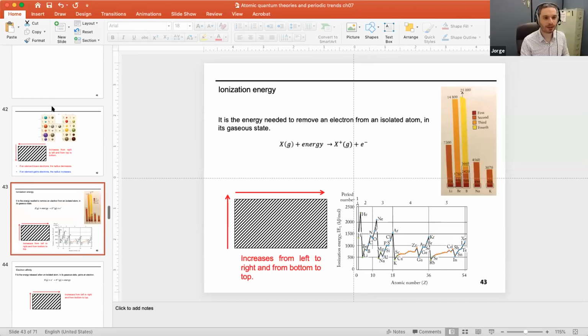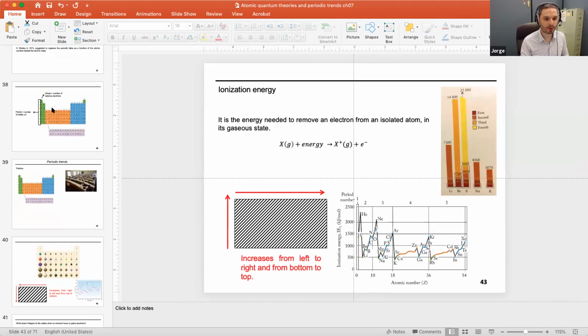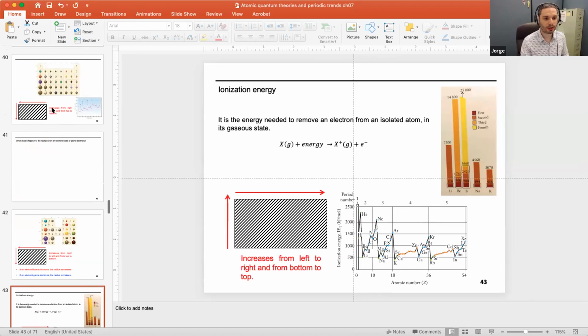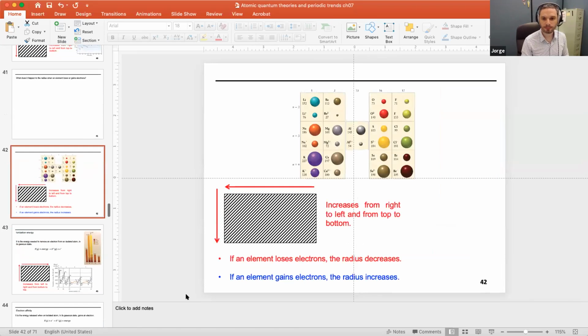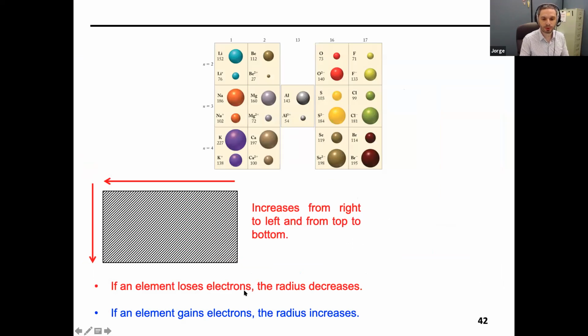All right. So let's do a quick recap of where we left off. On Monday, I showed you some periodic properties, starting with radius. And radius is the property that will give you guidance to the other two periodic properties that I'm going to show you here.